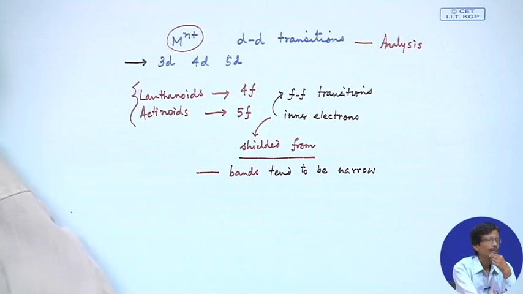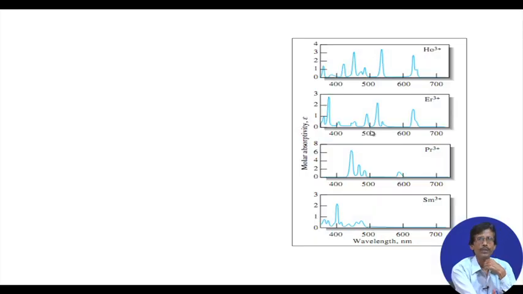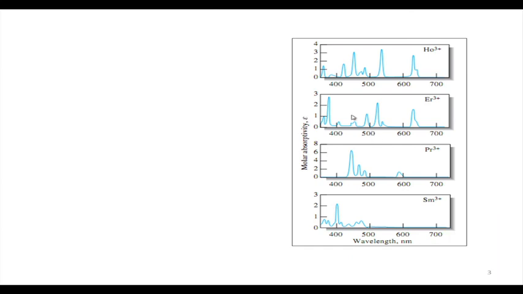You can characteristically distinguish them from the d-d transitions. This is for holmium, this is for erbium, this is for promethium, and this is for samarium, and all of them are in trivalent state, but you see the number of bands present.